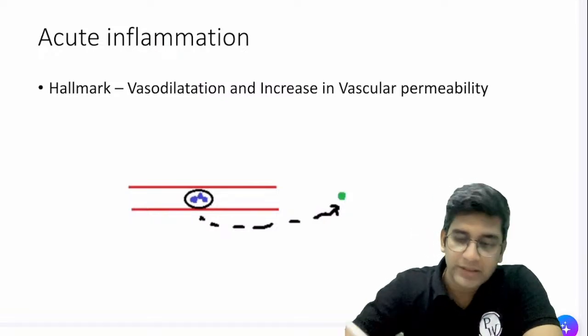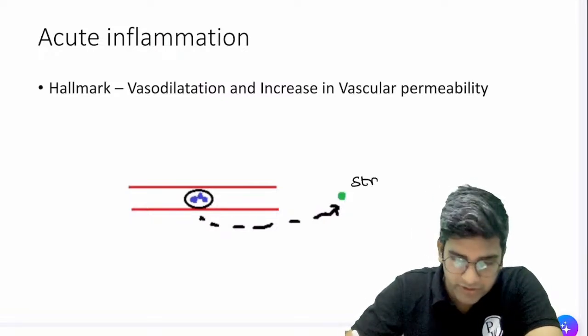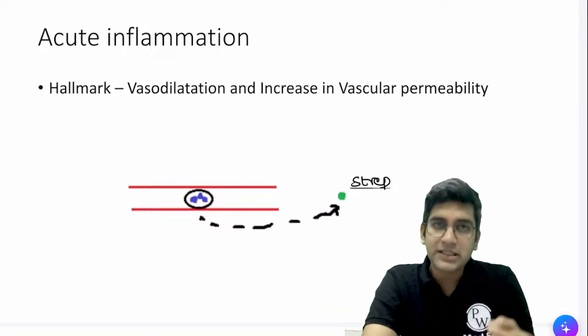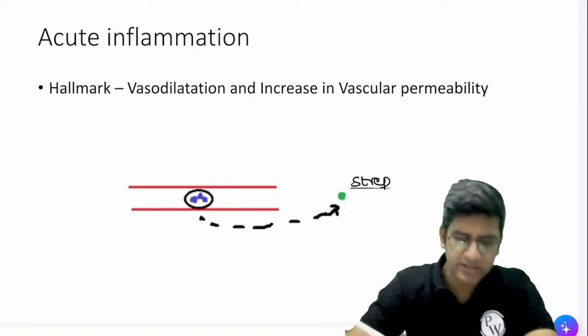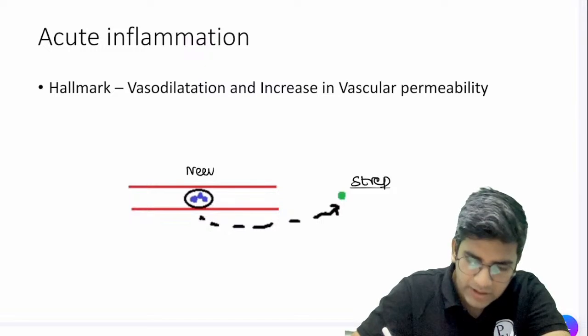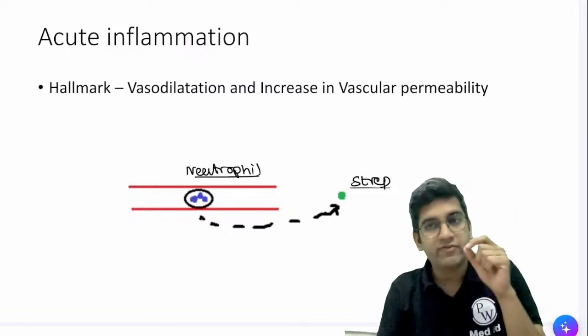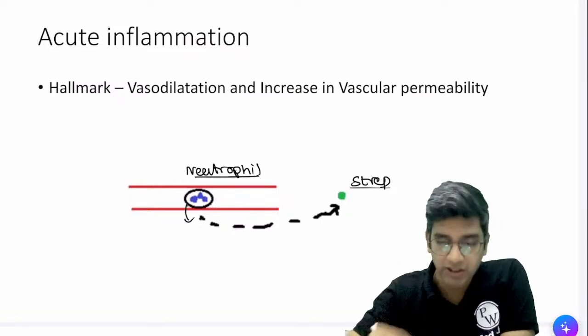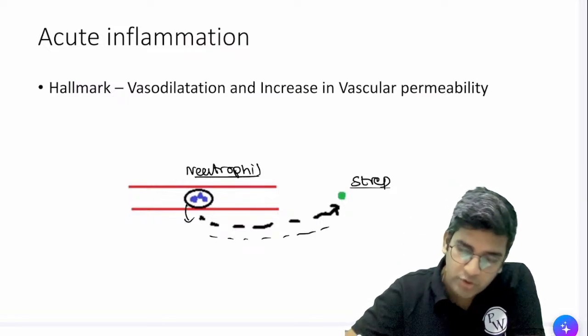So let's assume that this green bacteria is streptococcus. The streptococcus came into a part of the skin, and we are going to understand how my neutrophil is undoubtedly the cell of acute inflammation. I'm sure you must have read from your physiology how my neutrophil from inside a vessel is going to go outside. That's the first hurdle. Second, it's going to go to the streptococci.